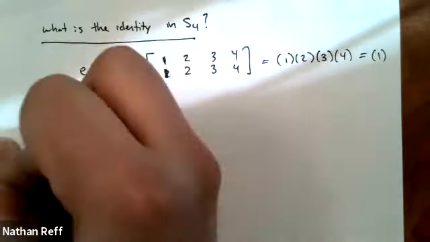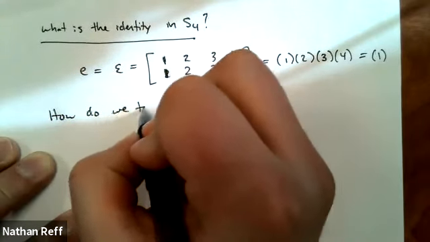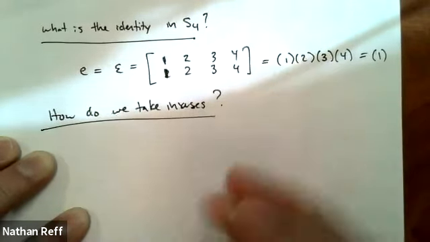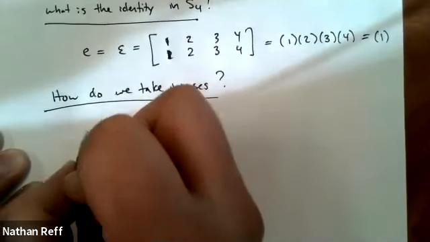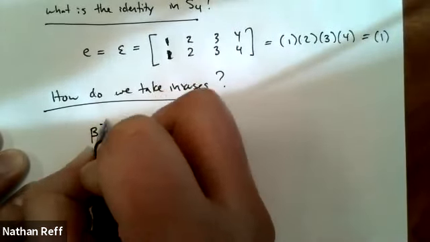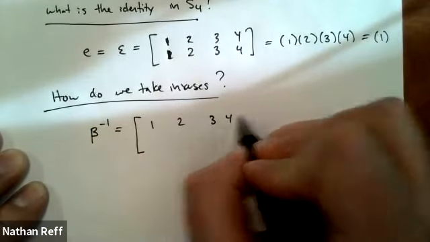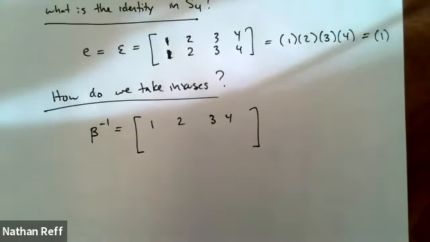Okay. And how do inverses work? How do we take inverses? Well, if you look at this in array form, all you have to do is figure out where 1 gets sent to and so on.